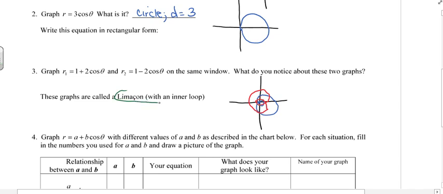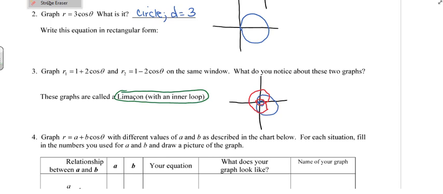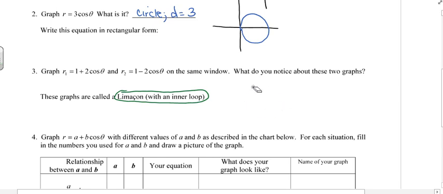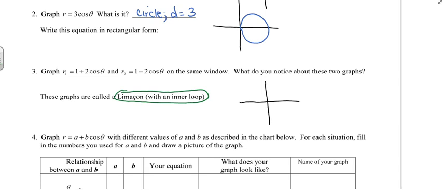And that name you do need to know. And I might go back because my picture is really kind of sloppy. I might go back and just draw one of those on there. It's really hard to get both of them in there. There we go. So that limaçon with an inner loop, or sometimes we call it an inner loop limaçon.